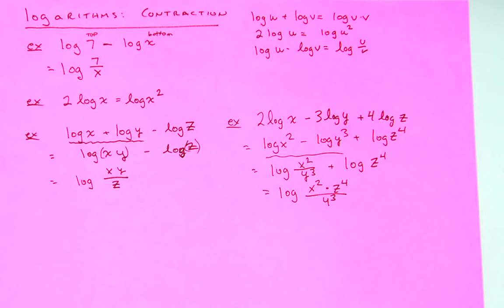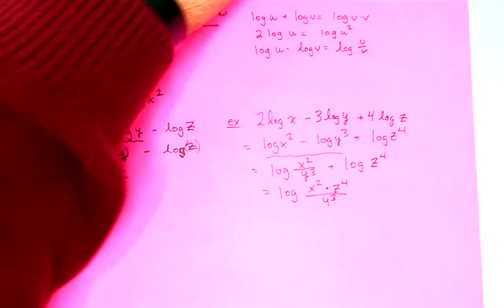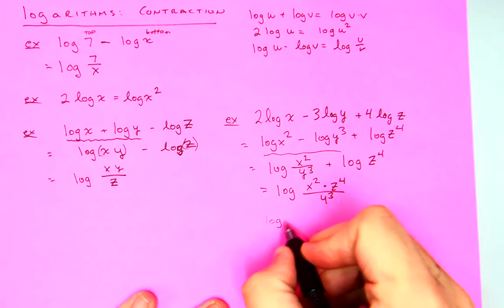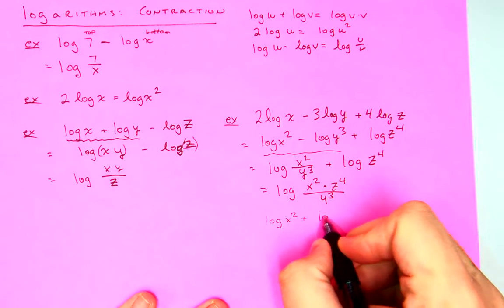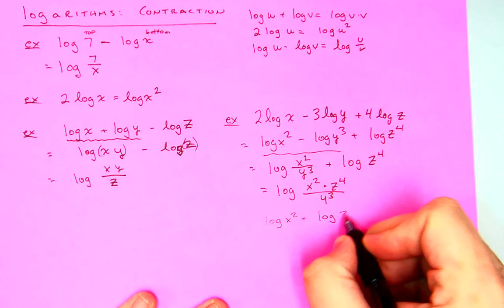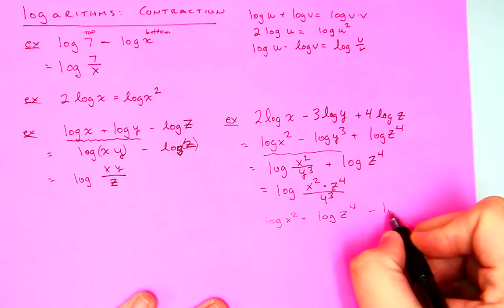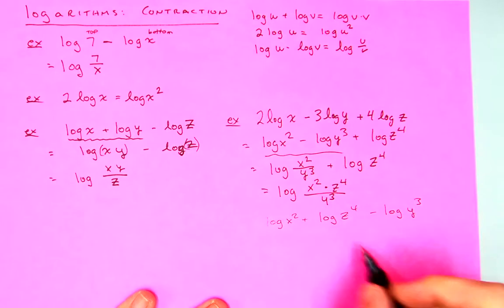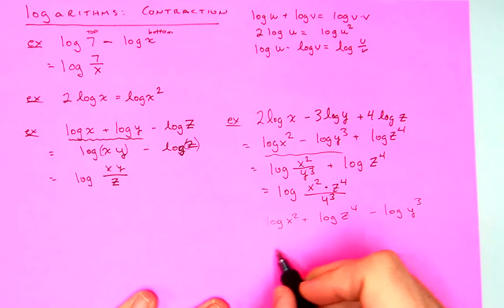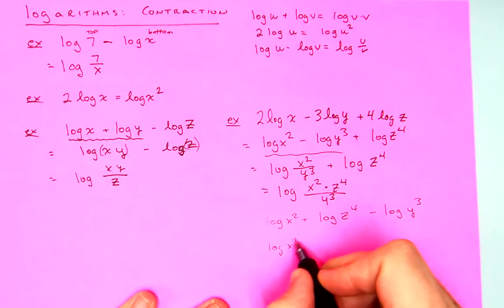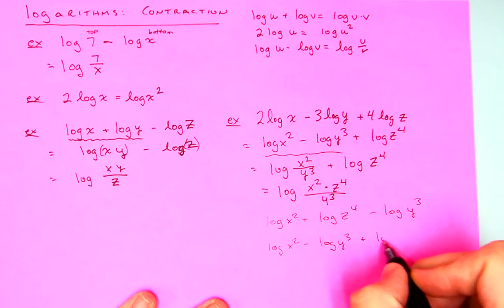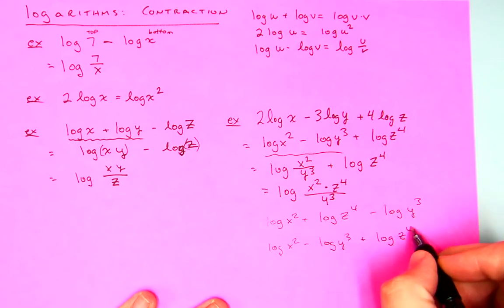And if we expanded this out, just to check, you get log x squared plus log of z to the 4th minus log of y cubed. If I keep it there, I can move this around and get log of x squared minus log of y cubed plus log of z to the 4th.